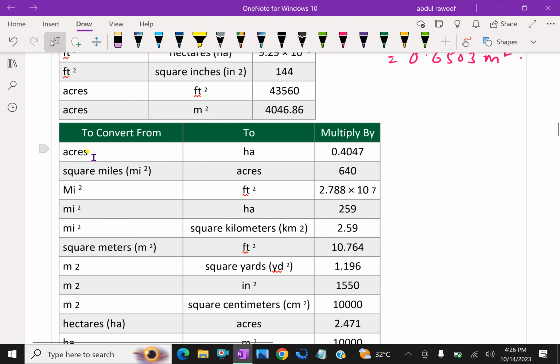Now, convert acres to hectare. The multiplication factor is 0.4047.